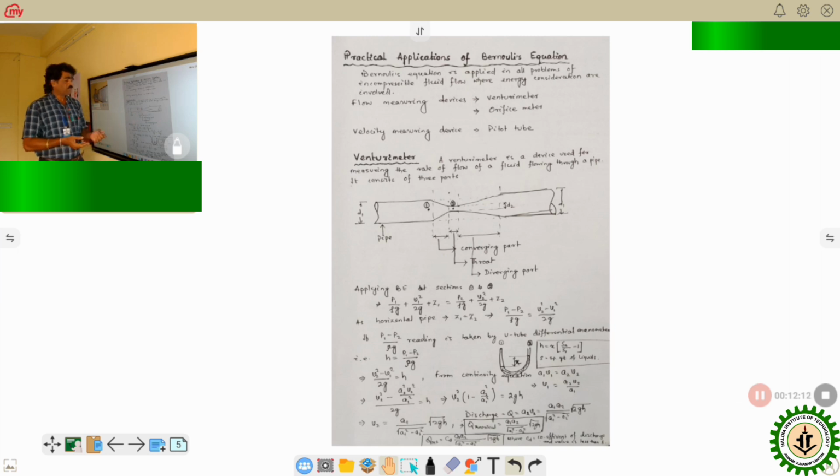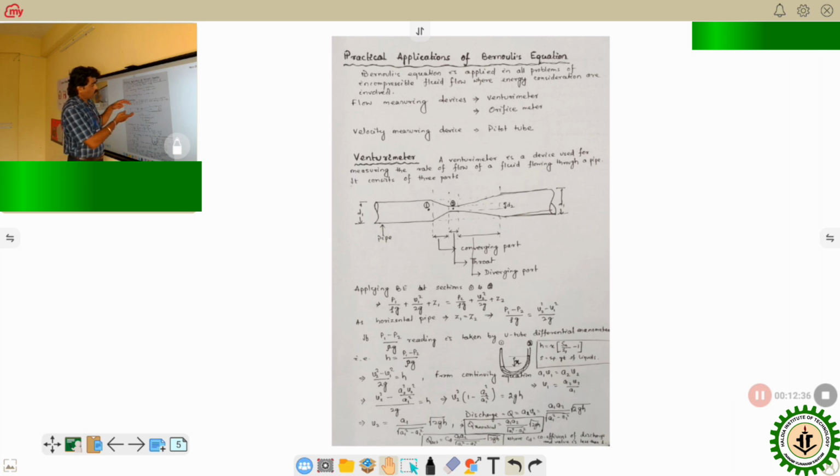So obviously we will get the continuity equation Q is equal to A2 V2 or also A1 V1. So once we got V2, then simply A2 we have to multiply. So theoretical discharge from the Bernoulli is A1 multiplied by A2 divided by root over of (A1 square minus A2 square) into root over of 2gH. This is theoretical because we have not considered the losses.